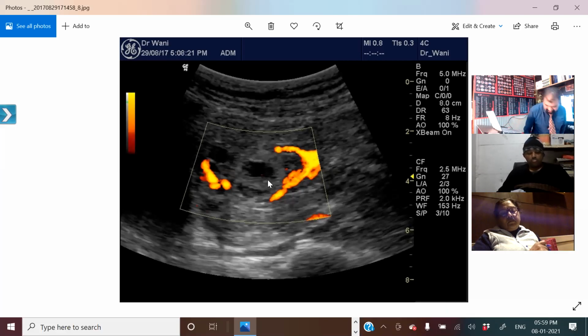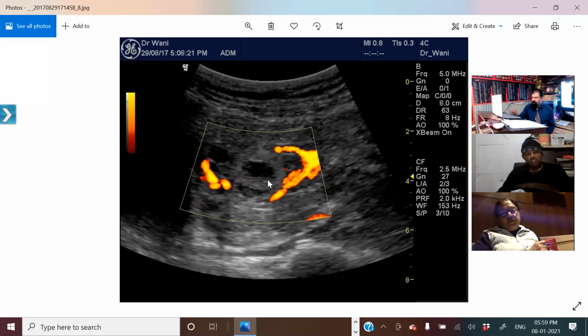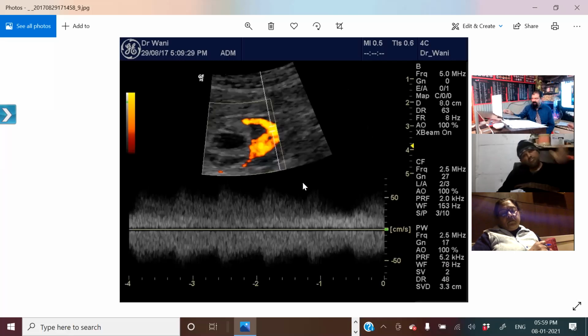Why is this a gestational sac? Because I have trophoblastic invasion here, shown by the increased vascularity. And if somebody takes a pulse wave here, it will show a high diastolic flow.